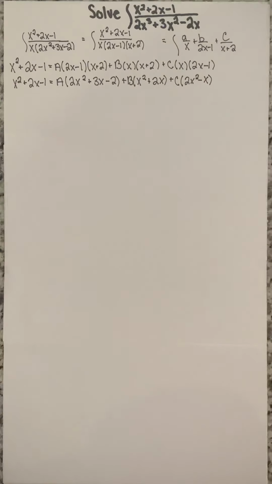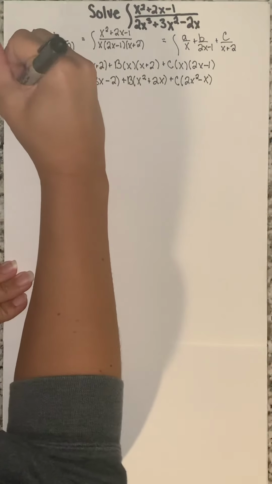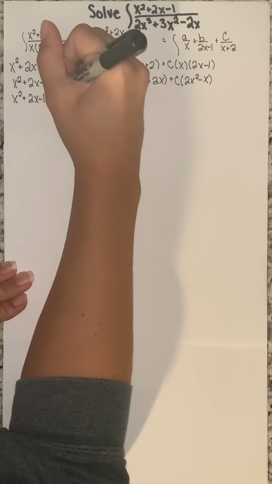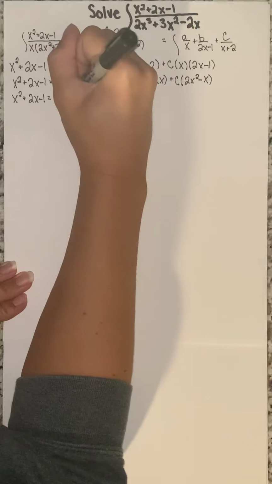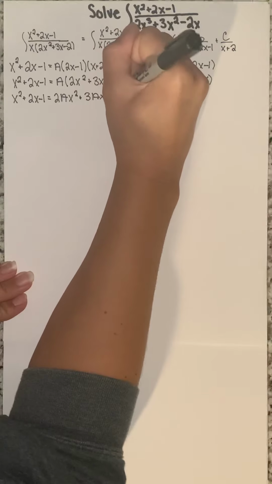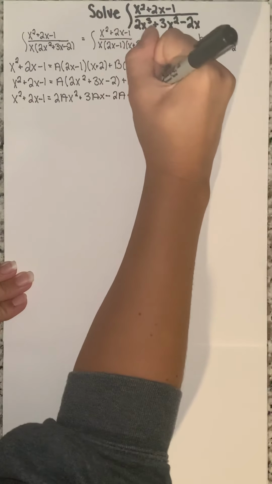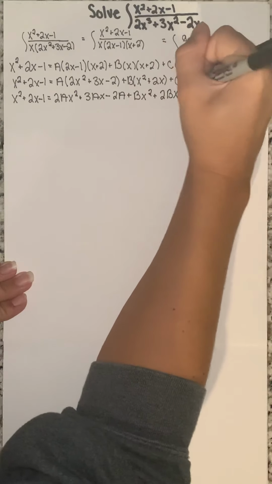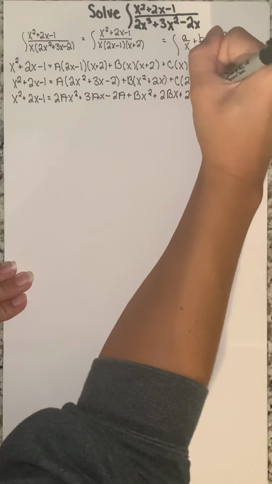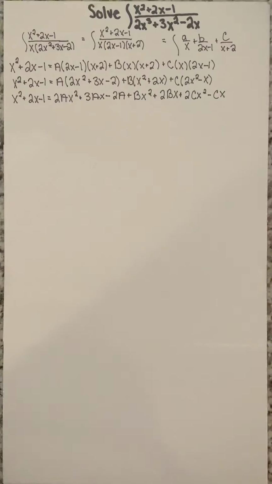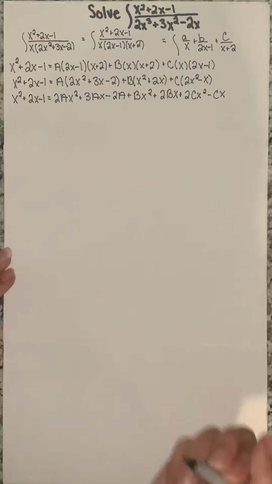Now we're going to distribute the a, b, and c. Next, we're going to get all of our x squareds together, x's together, and constants together.